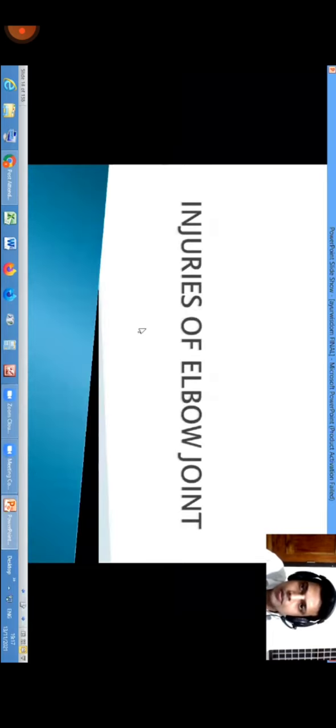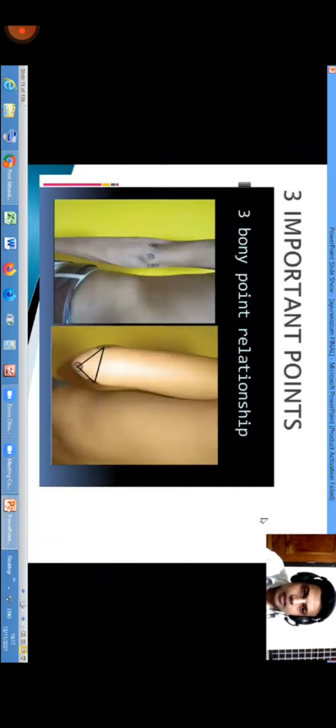Coming to the injuries of the elbow joint, there are three important points while we consider the injury of the elbow joint. The 3 points are, as we see in this picture, the lateral epicondyle, olecranon process, and medial epicondyle.